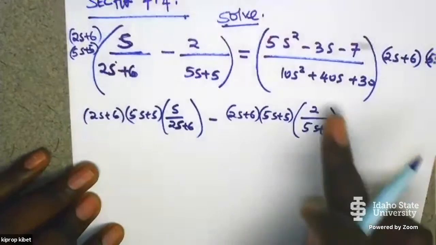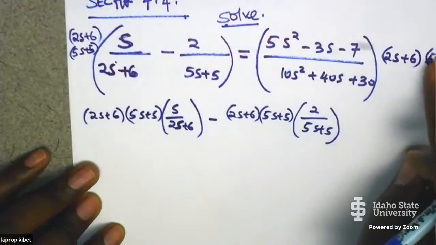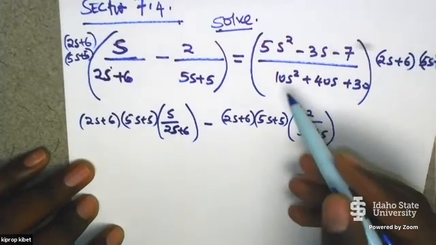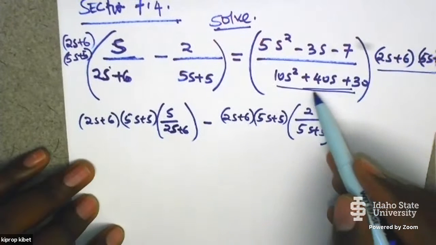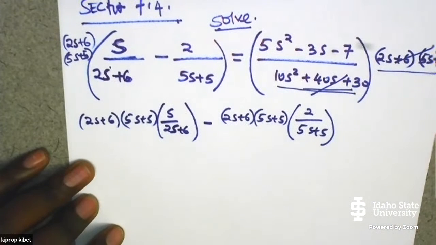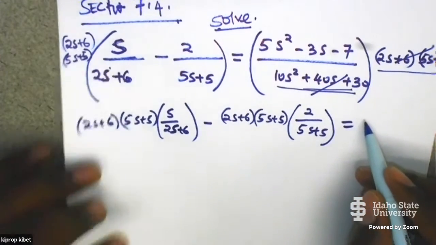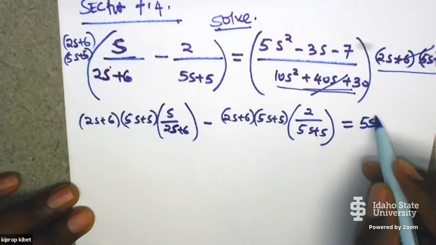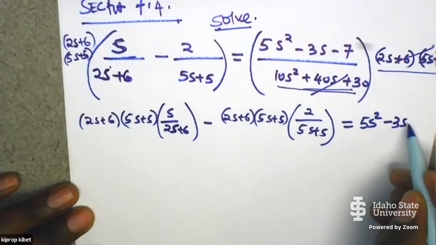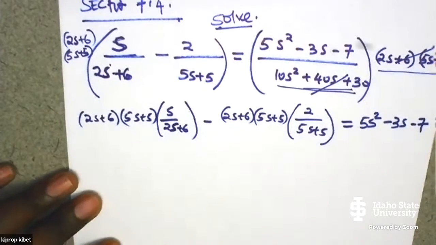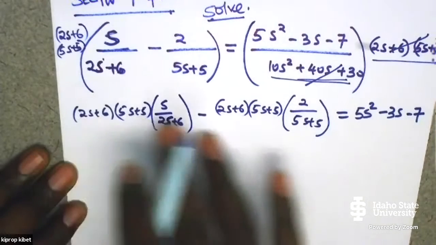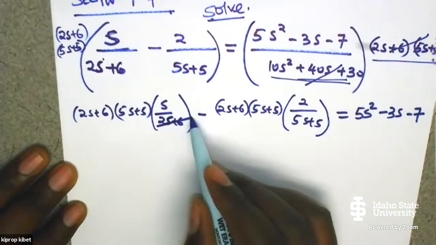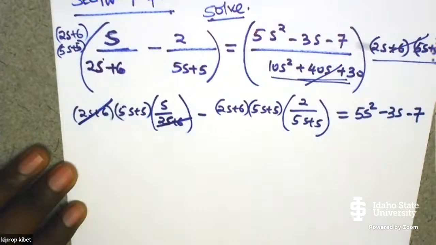Now, since this one, when you expand it, is equal to this one, they cancel. Okay? So now this is equal to 5s square minus 3s minus 7. On this side, since we are multiplying this and this one, 2s plus 6 will cancel with that.